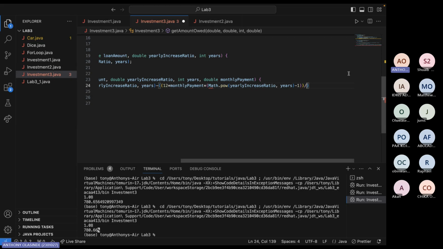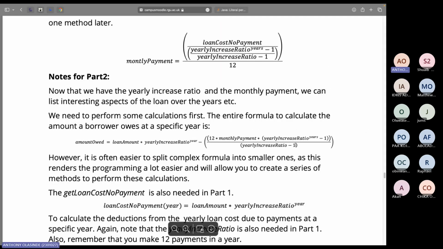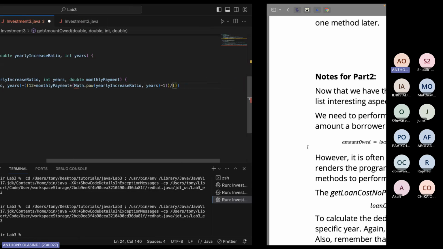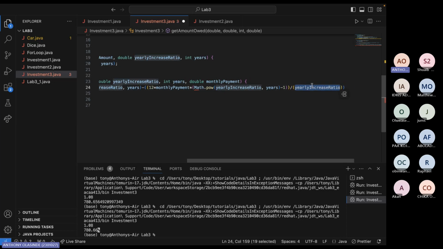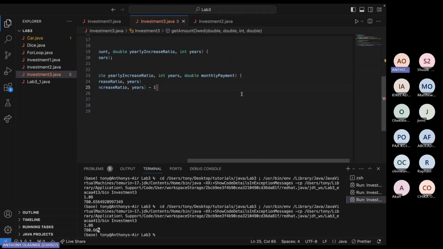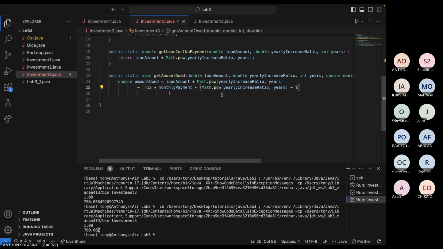Then after it, you put here a new bracket, yearly increase ratio minus 1. Sorry, minus 1. Terminate it and save it. Yeah, that's it. Something is wrong. Something is wrong.